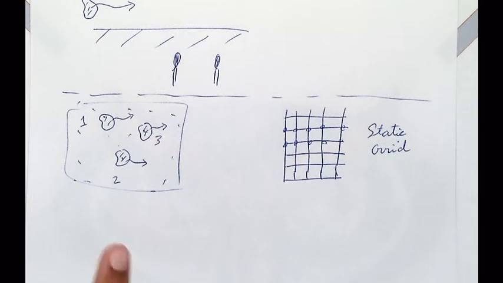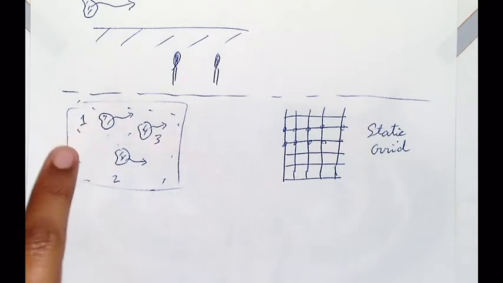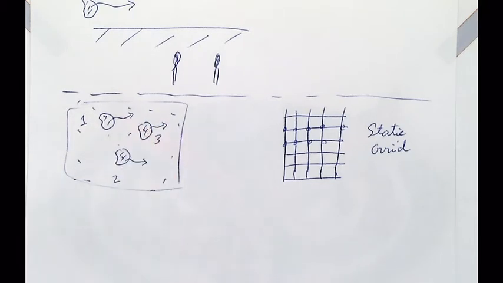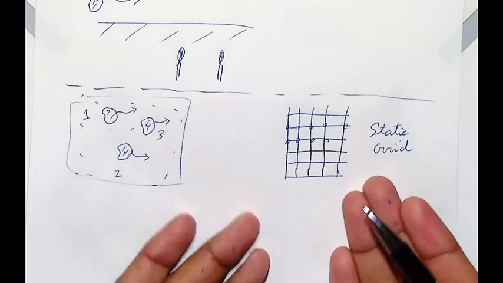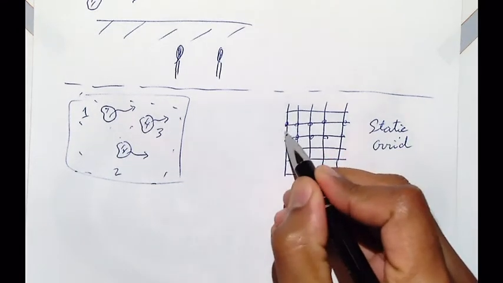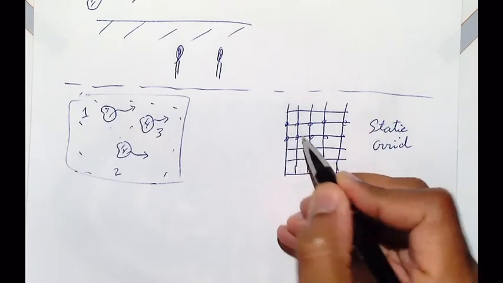You have to keep track of each individual blob. And conceptually it seems easy, but computationally this is very, very different. You have to assign an index to each single blob. So this, again, is blob 1, blob 2, blob 3, blob index. And then you have to figure out what the XY position of blob 1 is, what the XY position of blob 2 is. Here, you don't have to do any of that. You always know the Y and X positions of each grid point.